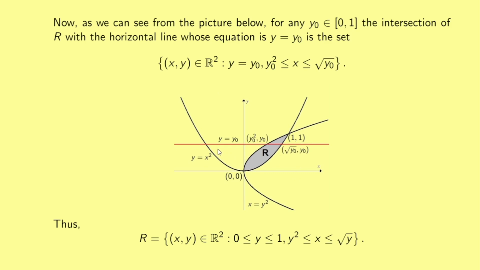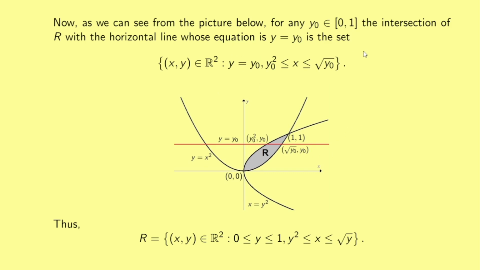On the other hand, since this parabola below has the equation y equals x squared, when we have y equals y0, we must have x equals the square root of y0. And these are the entering point and the exit point.